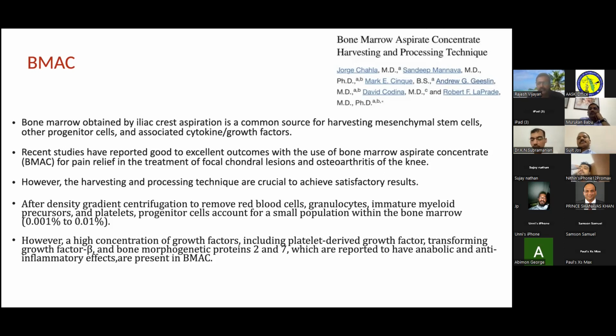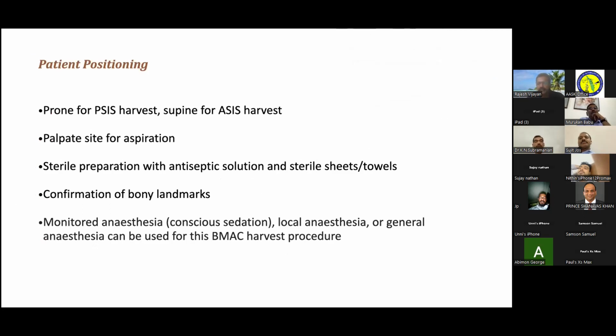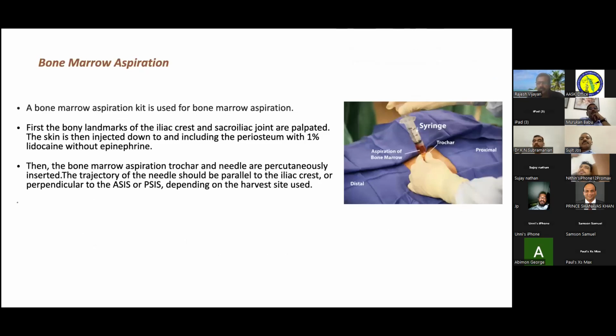So recently I have stopped doing BMAC for many patients. The easiest site for harvesting is the posterior superior iliac spine, where you can easily take the sample, and you have to go in about 2 to 3 centimeters into the bone marrow tissue, and use heparin in the syringe so that it won't clot, and then use the centrifuge machine.